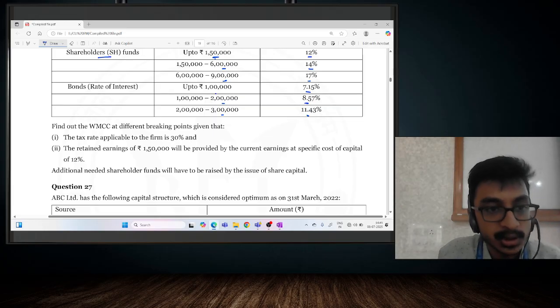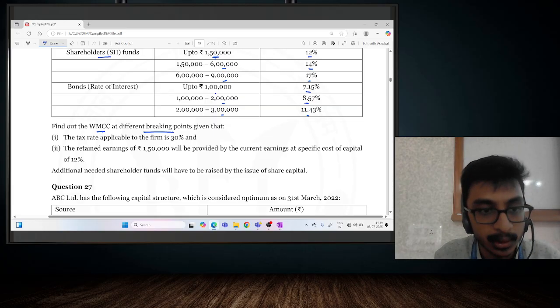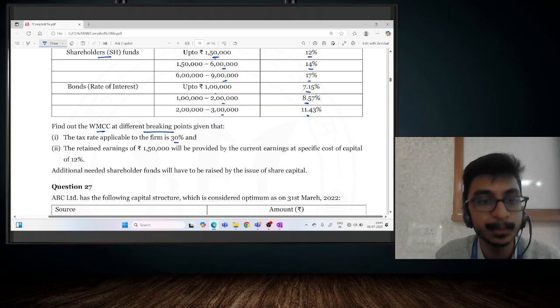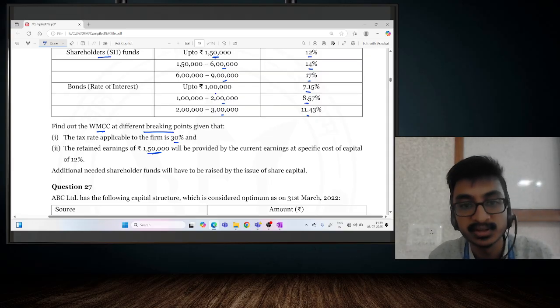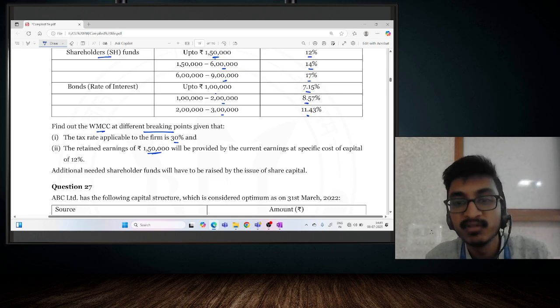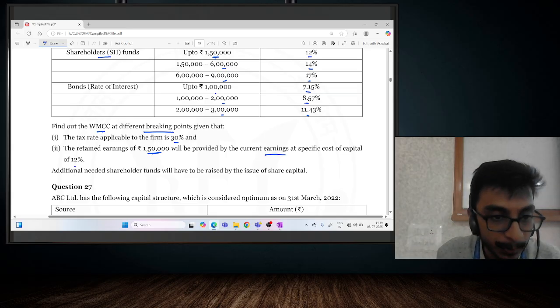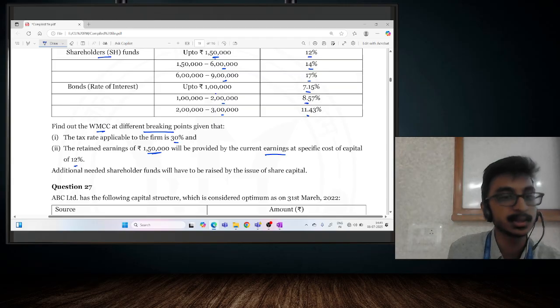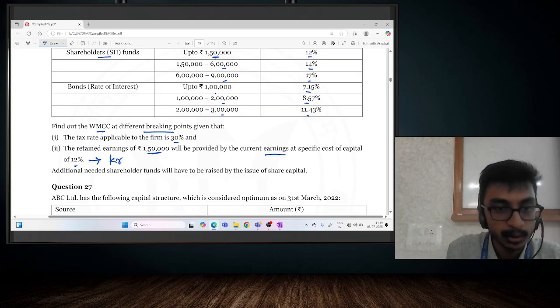Now requirement of the question is find out the weighted marginal cost of capital at different breaking points given that the tax rate is 30% and retained earnings of the company is 1,50,000. The retained earnings of the company of 1,50,000 will be provided by the current earnings at specific cost of capital of 12%. So what is this 12%? 12% is nothing but cost of retained earnings.